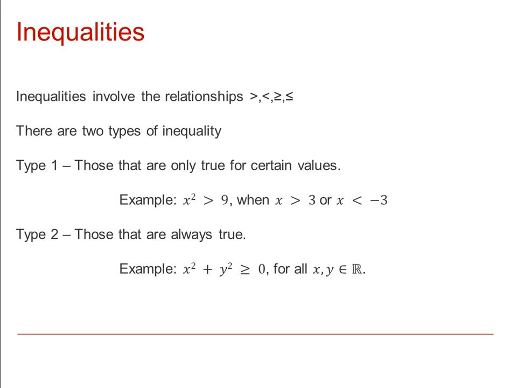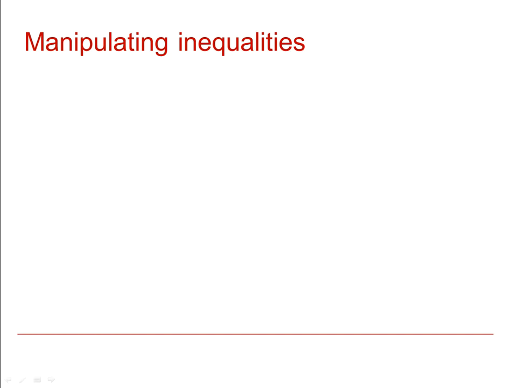Well, given an inequality, we can manipulate them, and I'm sure you know how to do this already. Certainly if x is greater than y, then we can add a number to x or to y, and then the inequality will remain the same.